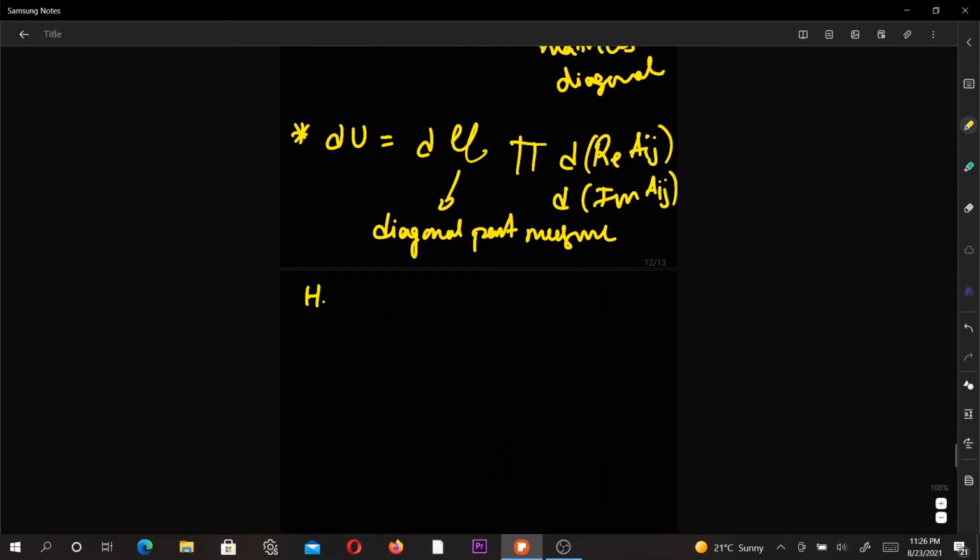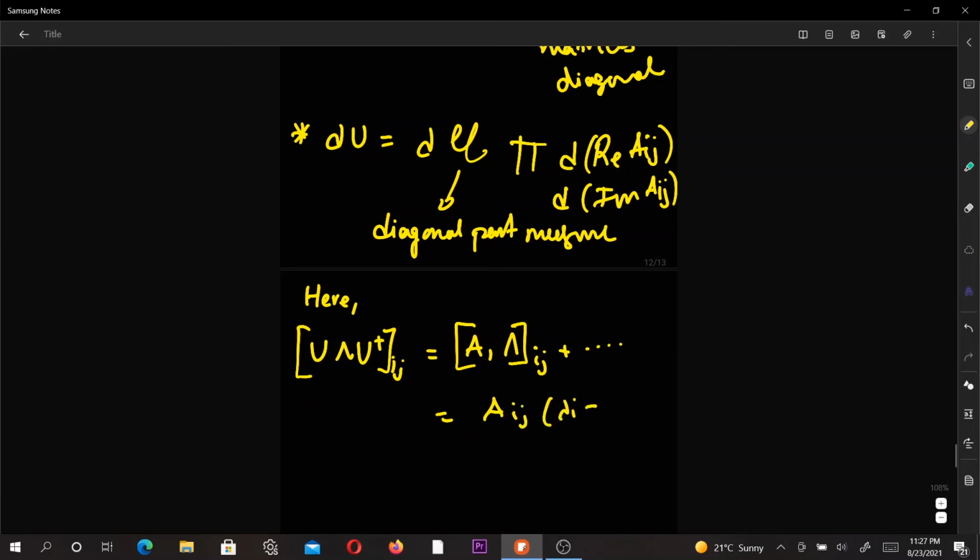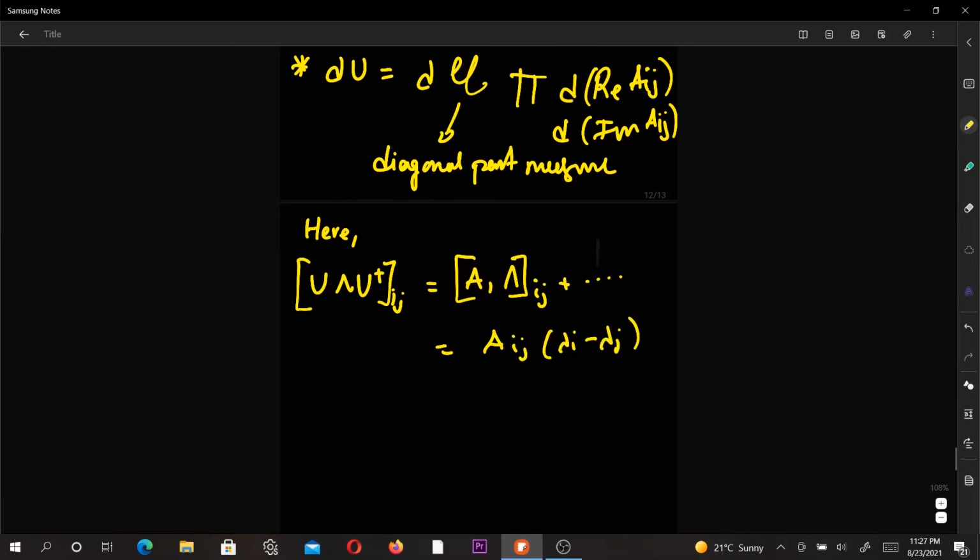And here you can check that U dagger of ij, if you expand this, it's just, so what happened here, you can just check this.